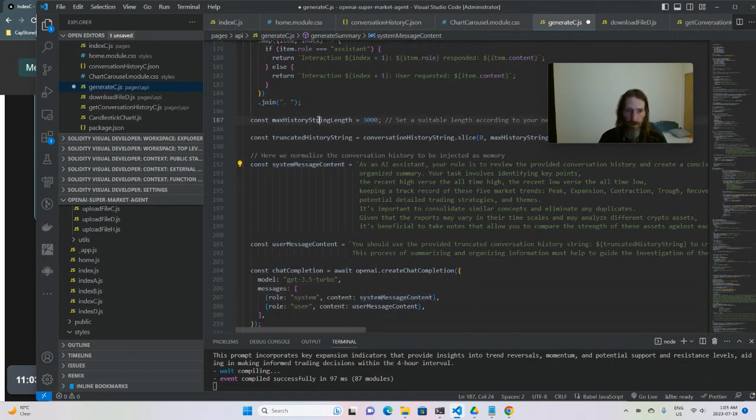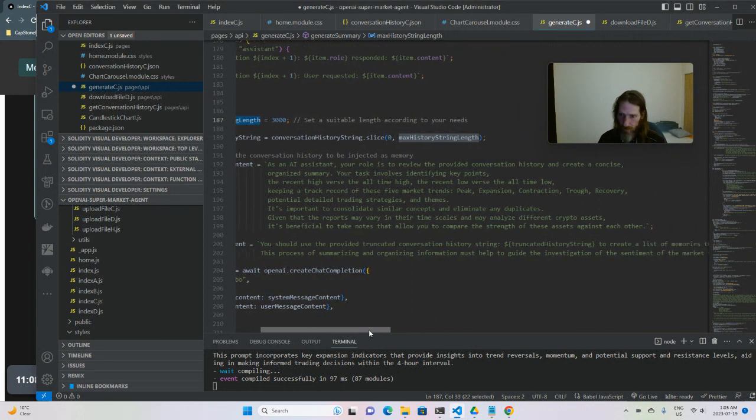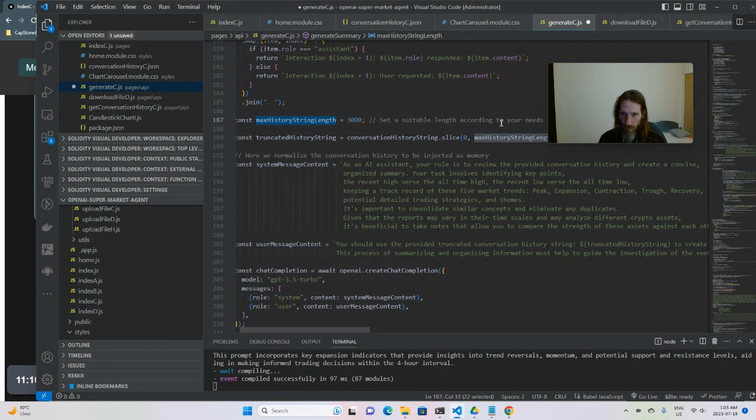So I have max history, and it comes here where it's truncated. All right, and now it's under that string here, which is inserted into the user message.